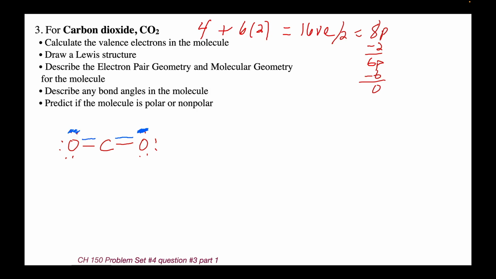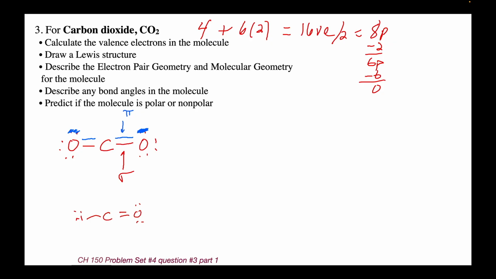But carbon now has 4 pairs as well. It has 2 blue and 2 red, if you will, for it. Now, the red bonds are technically called sigma bonds. It's the first bond that goes down. And the blue bonds here are technically pi bonds. So a sigma plus a pi bond makes a double bond, and that's what carbon and oxygen have in this case. They've got double bonds connecting them to give them an octet.